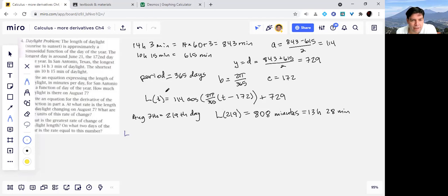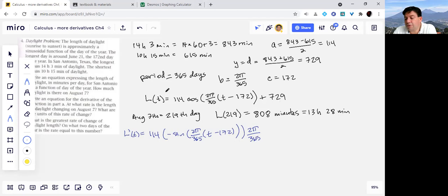The derivative of the length of day with respect to the day of the year is the derivative of this thing, which is 114 times negative sine of the same argument, 2 pi over 365 t minus 172, times the derivative of the inside, which is 2 pi over 365, plus 0.